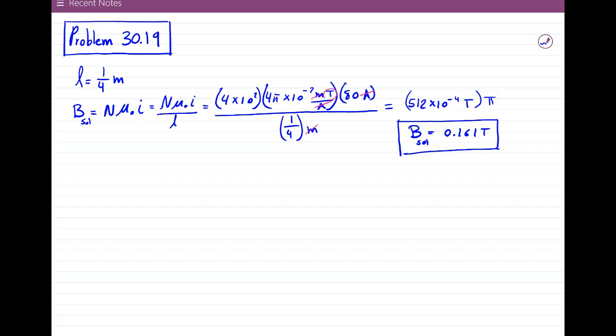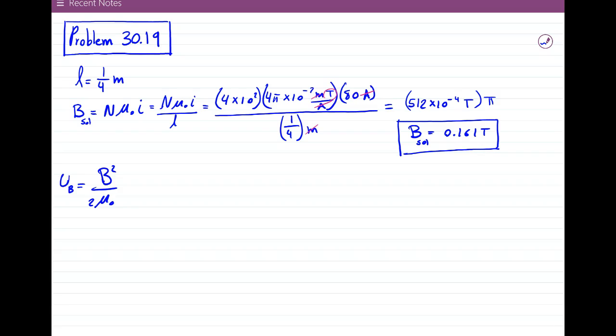Part B, the energy density in the magnetic field if the solenoid is filled with air. Well, the energy density, I think I just erased that equation, but it's u sub B is equal to B squared divided by 2 mu sub 0. So we just found B, so take that value and square it.